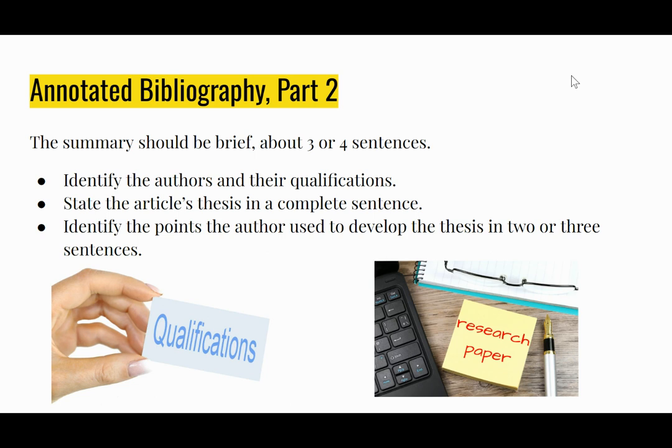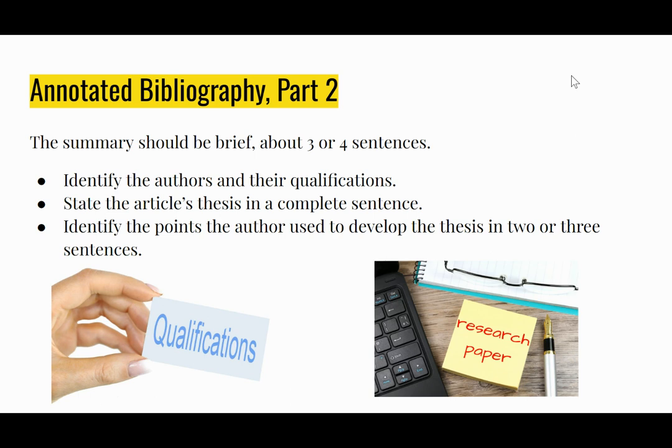The summary should be really brief, 3 to 4 sentences. First of all, who are the authors? What are their qualifications? Remember, in a lot of ways, what the authors are doing is writing their own research paper. It might be at a much higher level than any of us are writing, but they are writing their own research paper. And so what we're doing is looking at their thesis.